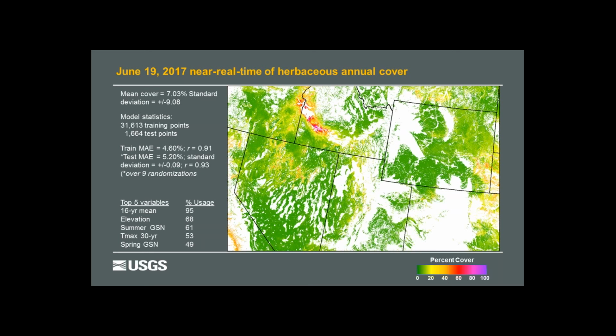We get a similar map, but some of the values in the Snake River Plain and in that Winnemucca area, where we're generally seeing high values of herbaceous annual cover, are a little muted from the May 1st map, but the percent cover is still greater than the 16-year average. So our estimate is that 2017 was a better year than average for annual grass percent cover in these areas.